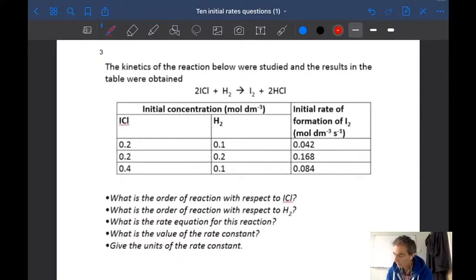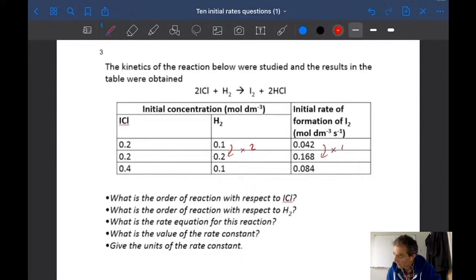Okay, so number 3 now, we've got 2 reactants again, same as before. Can we see a pair of experiments where only one of the reactants' concentrations is changing? You can see in 1 and 2 the ICl is staying at 0.2, whereas the H2 concentration has doubled. What's the rate doing?